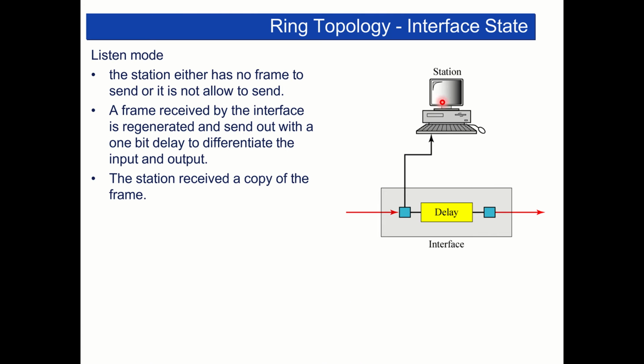So in the listen mode, the station either has no frame to send or it is not allowed to send, meaning this station cannot do anything. A frame received by the interface is regenerated and sent out with a 1-bit delay to differentiate the input and output, and the station receives a copy of the frame.